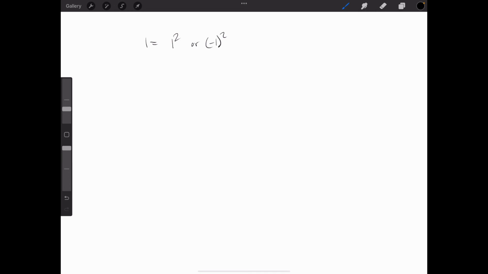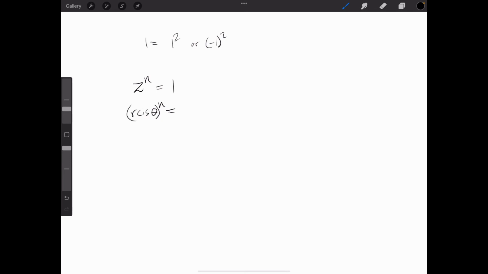So let's say you have a complex number, z, to the power of n. So we raise z to the nth power. Let's say, how many different ways can that equal 1? Since z is a complex number, let's rewrite this. z is equal to r cis theta, and we raise it to the nth power.